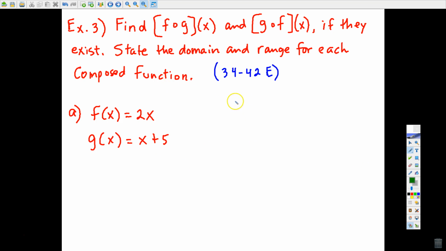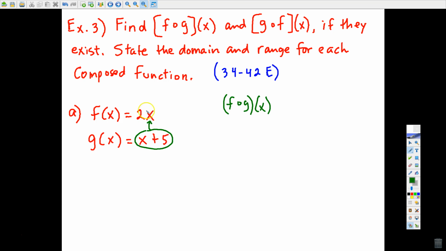Let's start with f of g of x. Remember, we take the inside first, and we don't have a number actually to evaluate here for x. So what we're going to do is take this entire g function. What this says to do is to take the g function and put it in for x in the f function.